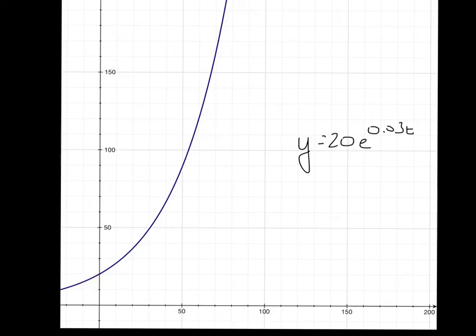And then when t equals about 72 hours, we have approximately 170 fruit flies. At this point, you should pause your video and work on problems 3, 4, and 5, and come back and watch the solutions.